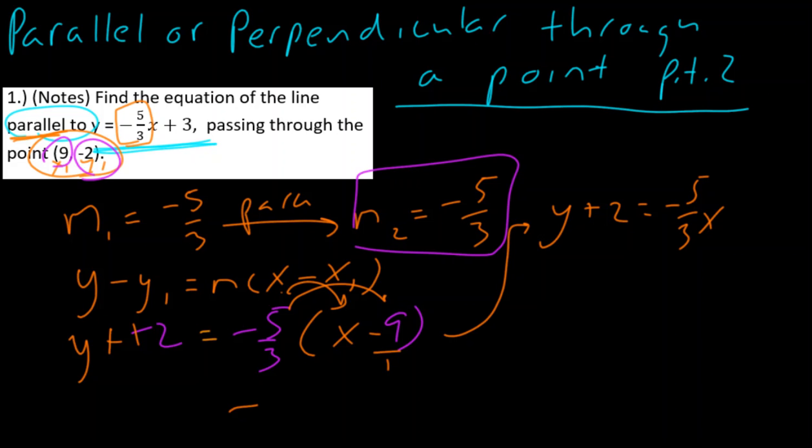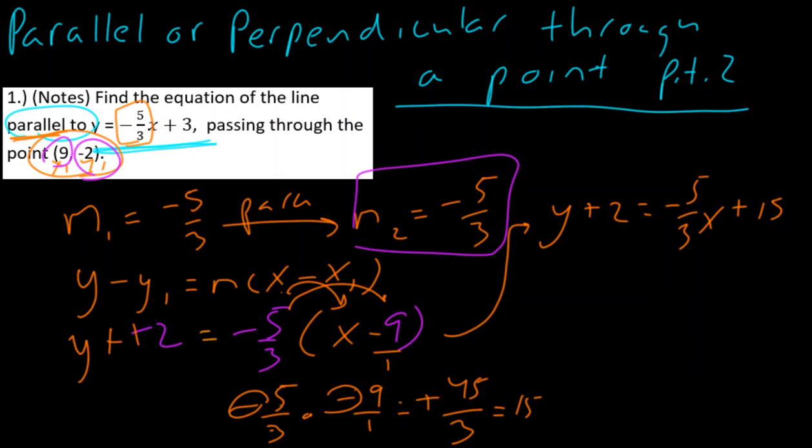And we now have negative 5 over 3 times negative 9 over 1. Well, we know that negative times a negative is a positive, and of course 5 times 9 is 45 over 3 times 1 is 3. And check it out. 45 divided by 3 is 15. And so we can add 15 right there.